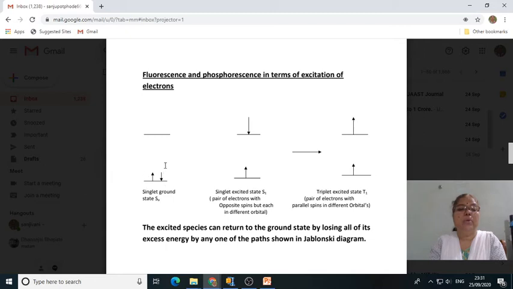Therefore, the total spin for a paired electron is 0. And when the two electrons have upward direction spin, the total spin is equal to 1.